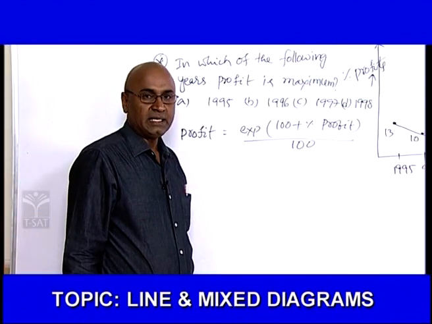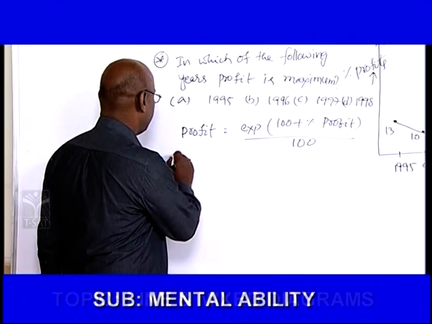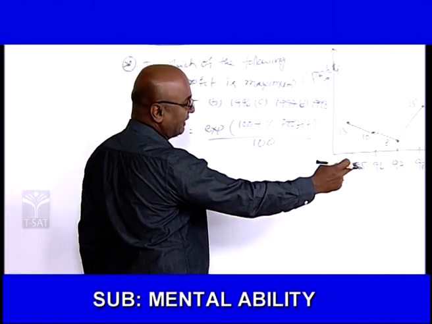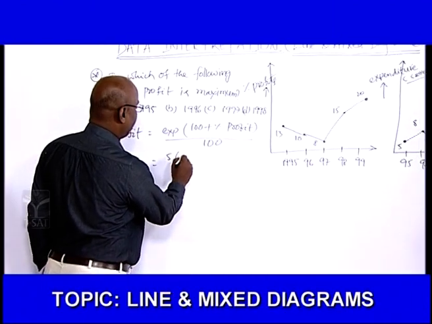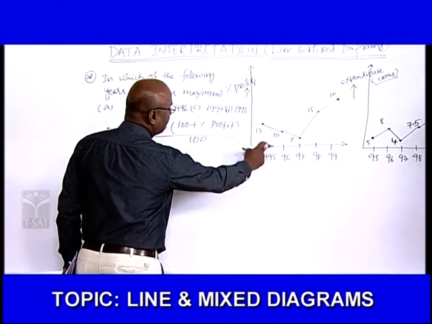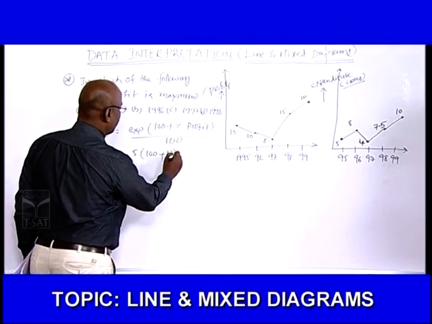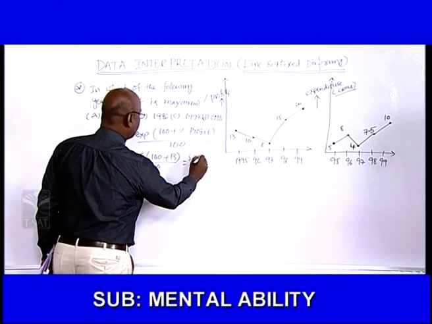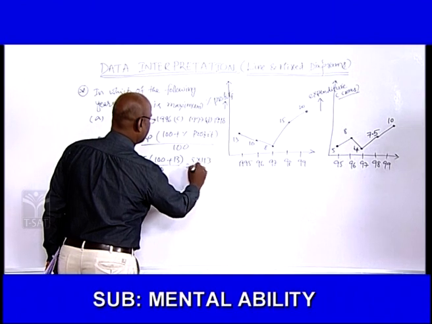Now in the year 1995, profit is equal to expenditure in the year 1995, which is 5 crores, into 100 plus 1995 percent profit వచ్చి 13, by 100. That is equal to 5 into 113 by 100.